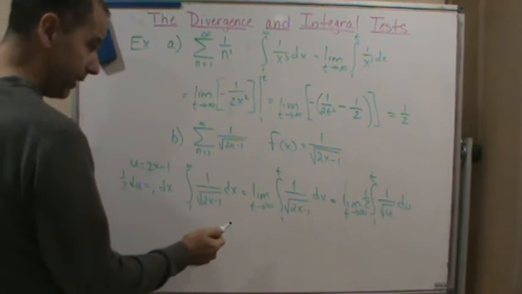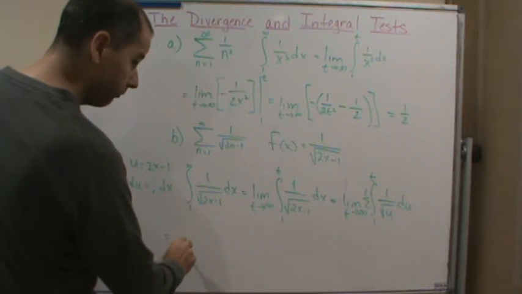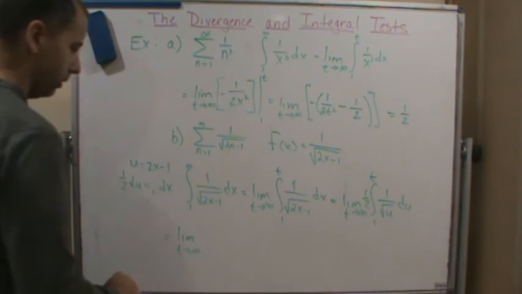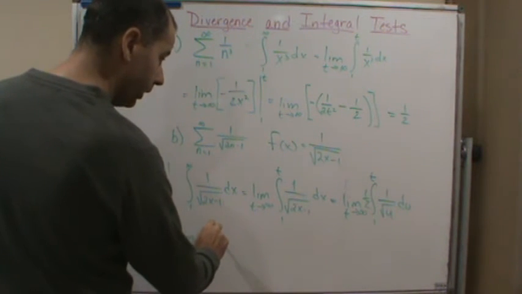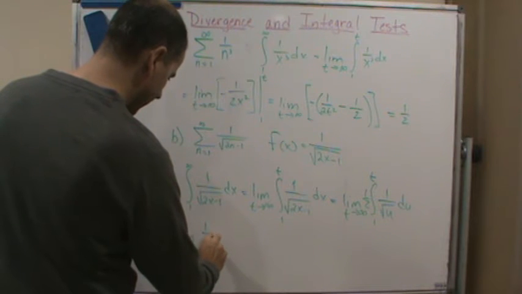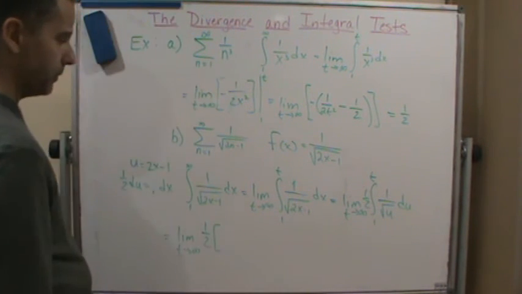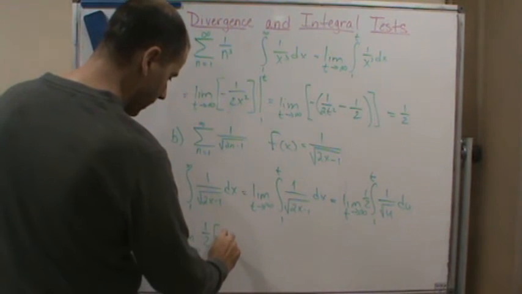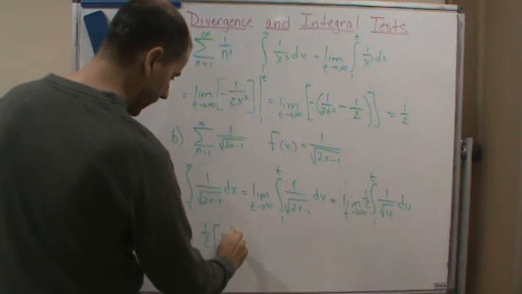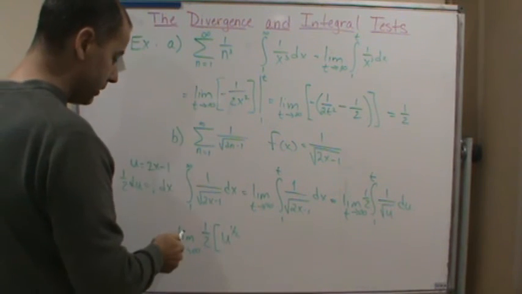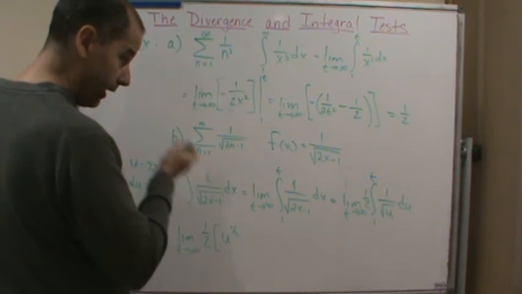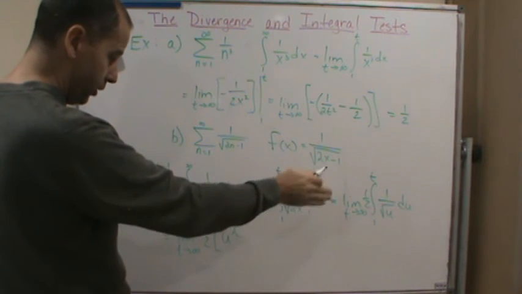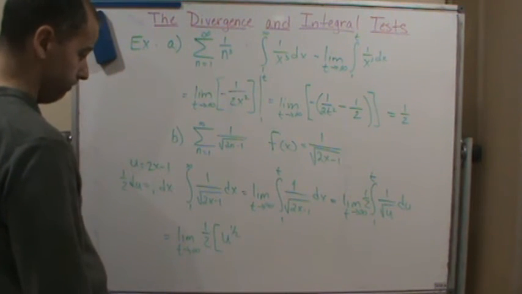If I integrate that, that's now going to become the limit as t approaches infinity of 1/2 times, well, if I integrate this, this becomes u to the 1/2 times 2, because you have to divide by the new power.